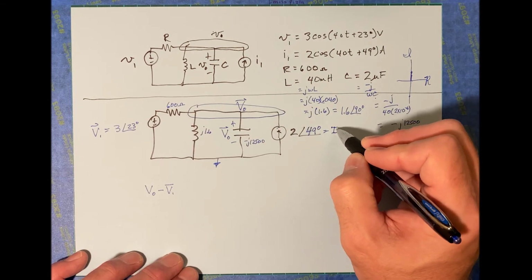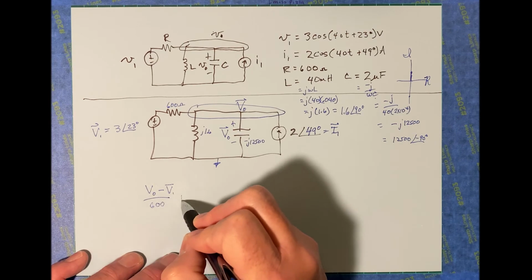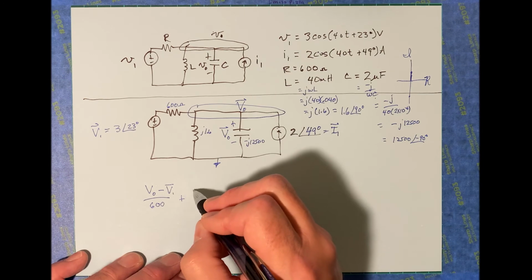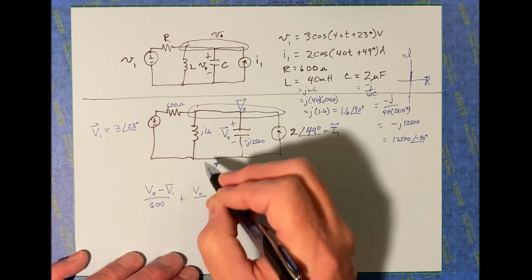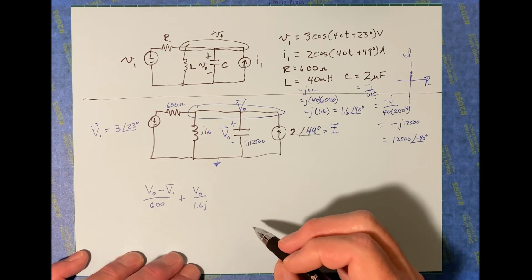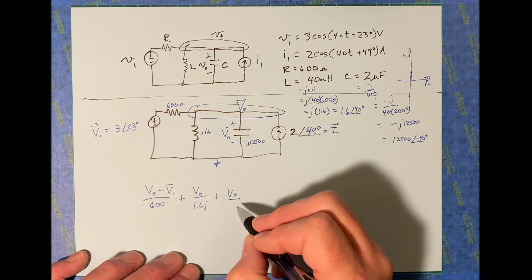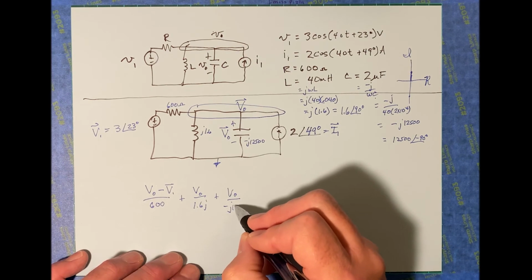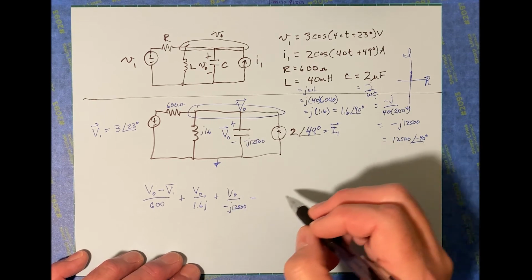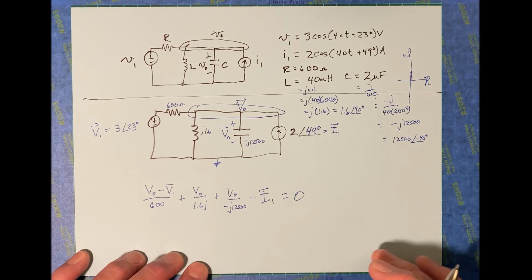This is phasor I1 over 600. That's the current going down that branch, plus V naught over 1.6 J, plus V naught over minus J 12,500, minus phasor I1, that's equal to 0.